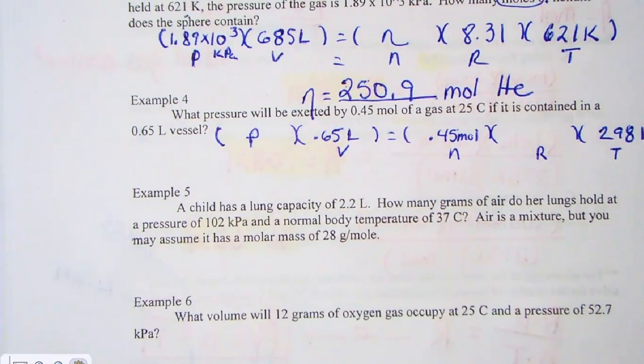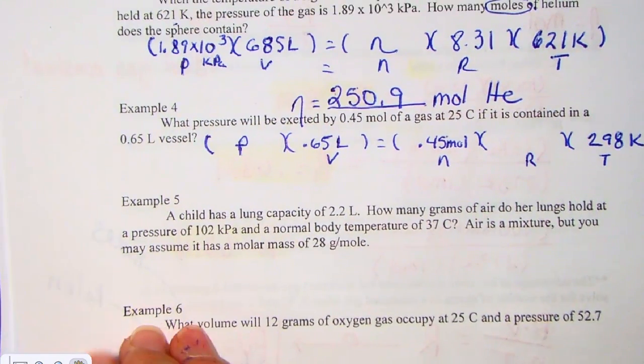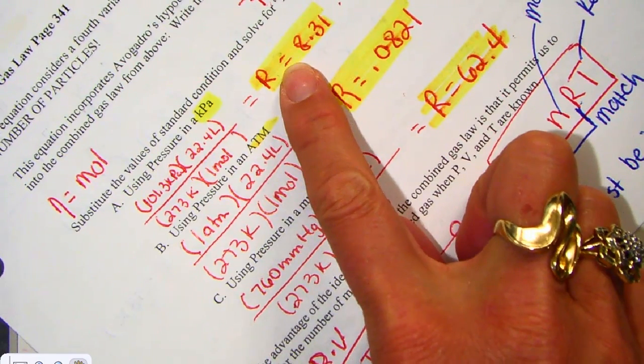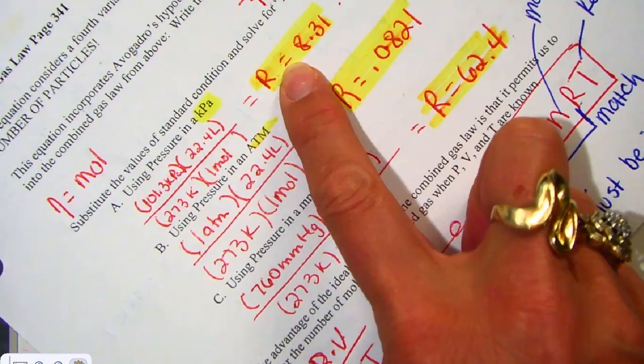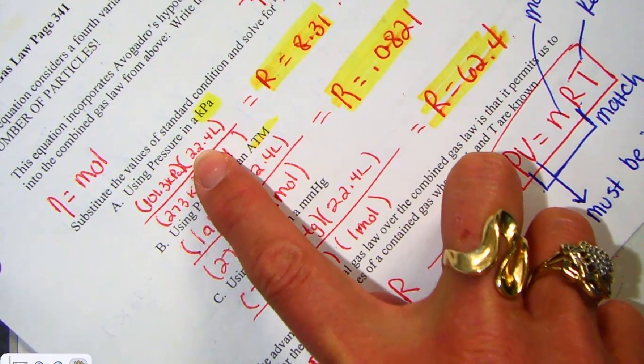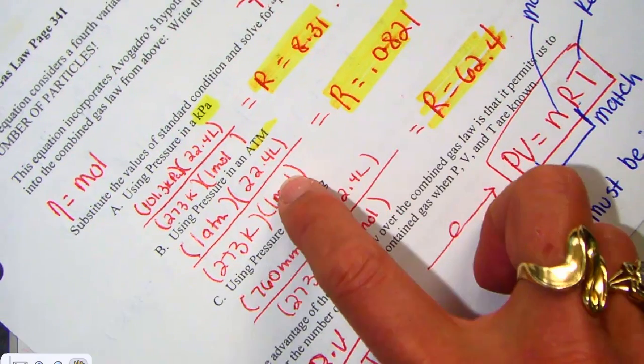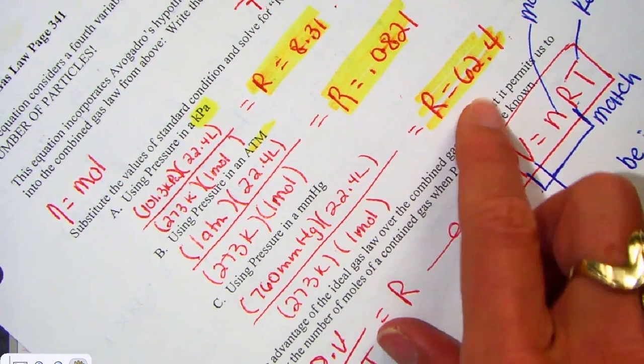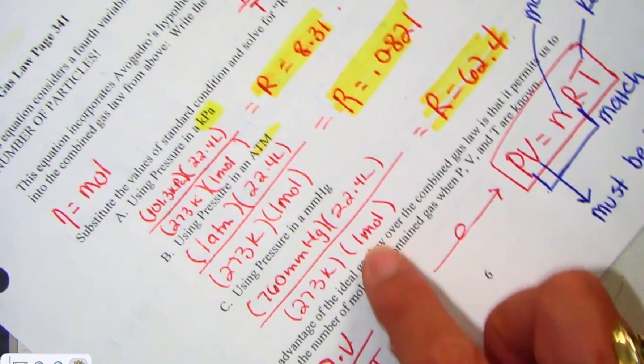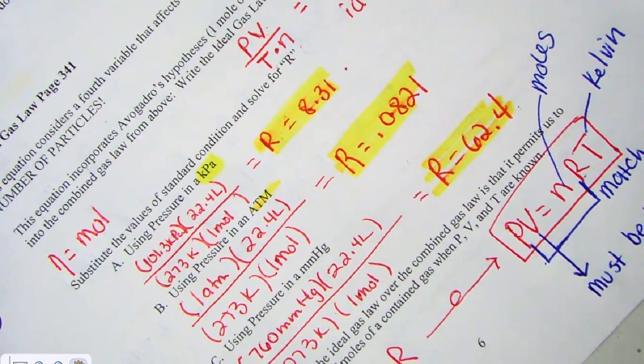We have a decision to make, and there's absolutely 3 correct choices. If I put 8.31 in for the R constant, pressure will be in kPa. Another lovely choice, we could put 0.0821 in and have atmospheres. 62.4 will tell us to write mmHg. Since it didn't tell us what pressure unit, we just get to select.